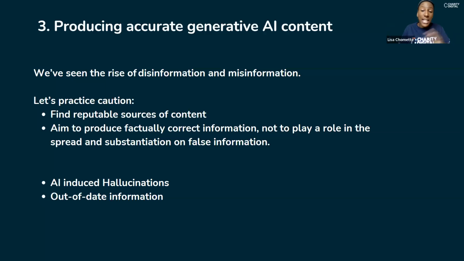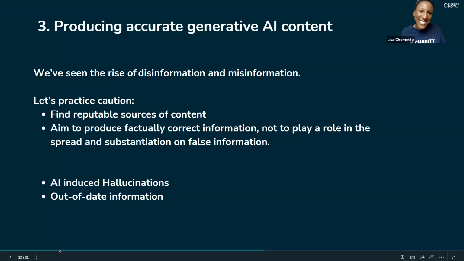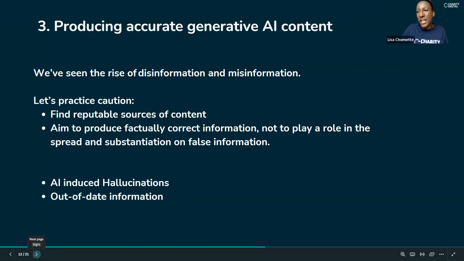And secondly, we should certainly aim to produce factually correct information. And we're going to see shortly that much of the AI-generated content is sometimes out of date, inaccurate, and a small portion is actually completely made up. So we're going to have a look at AI-induced hallucinations and out-of-date information.